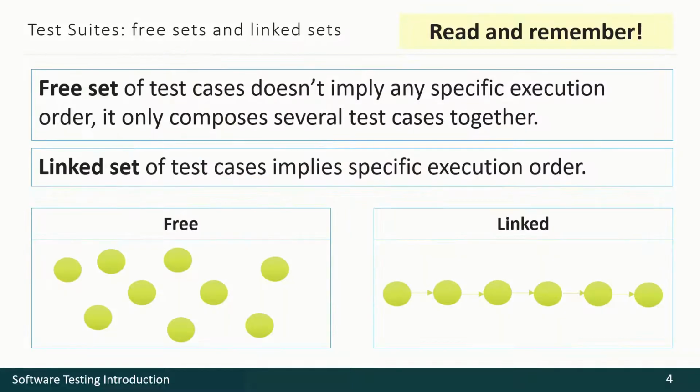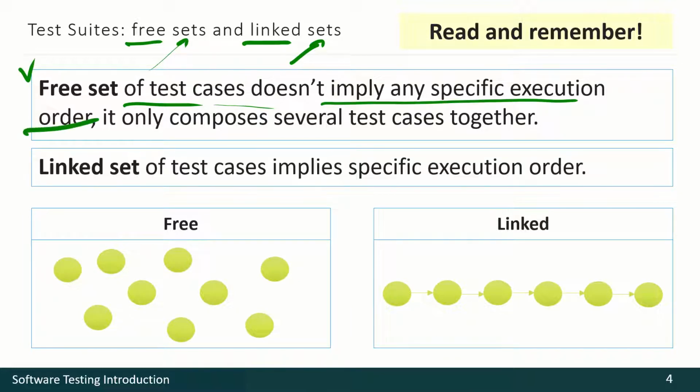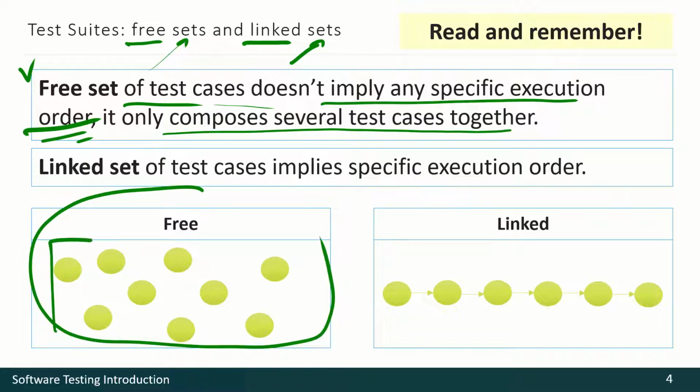Speaking about those sets, we may see that there are free sets and linked sets. A free set contains test cases that do not imply any specific execution order. It only composes several test cases together. Here is an example. Here we have some box with test cases inside, and they are not linked.